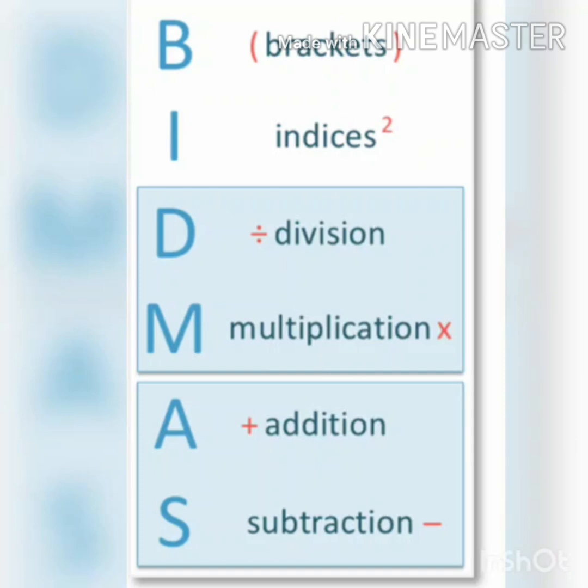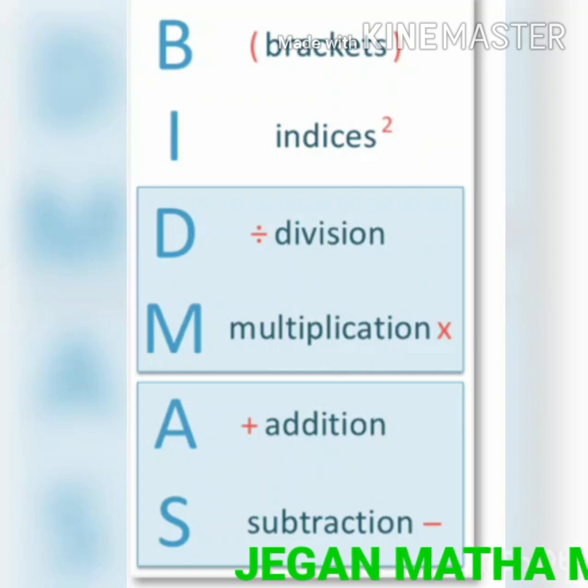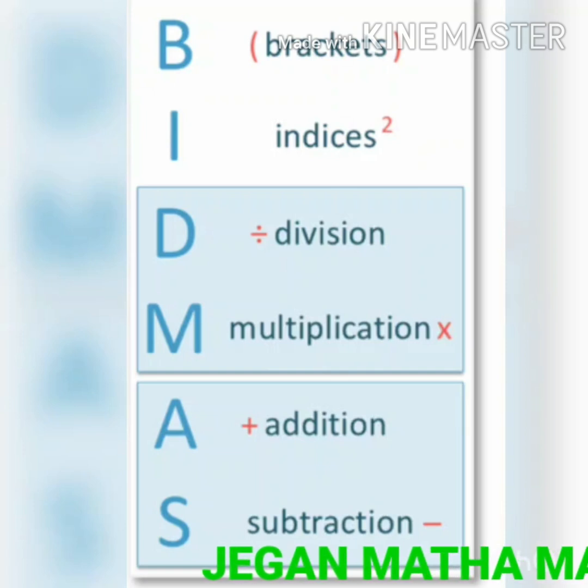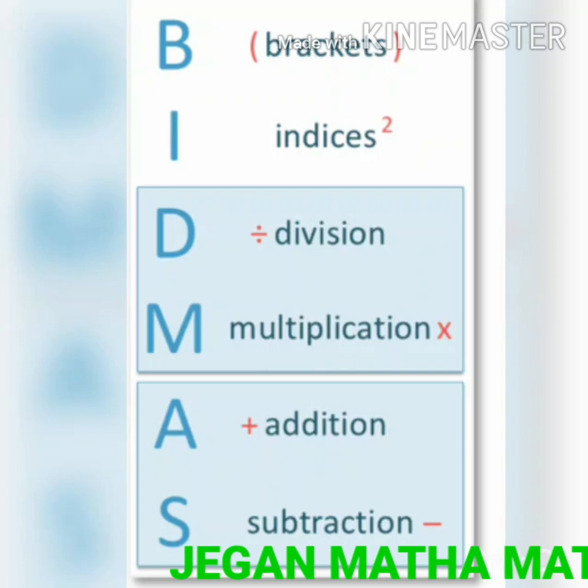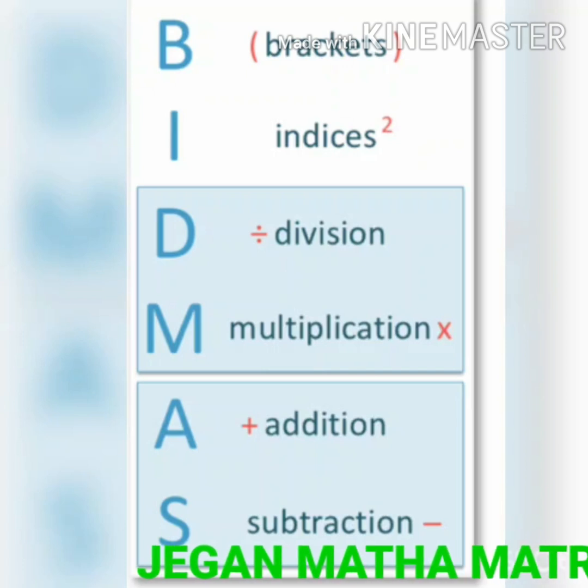Next one, A. A stands for addition. You can use the plus symbol. Next, the last one, S. S stands for subtraction. You can use the minus symbol at the last.